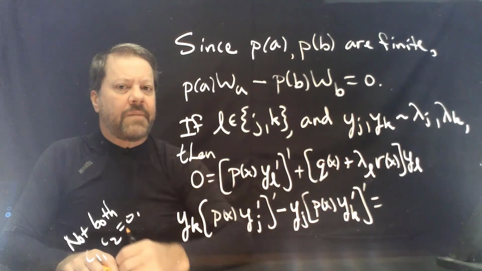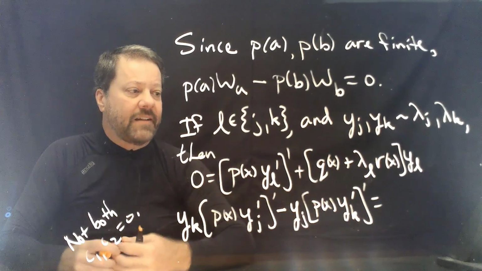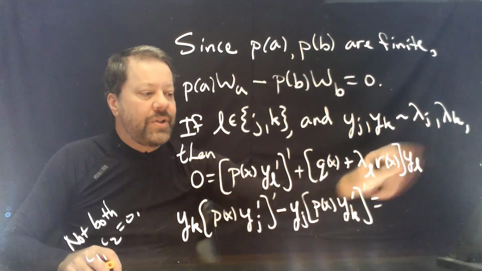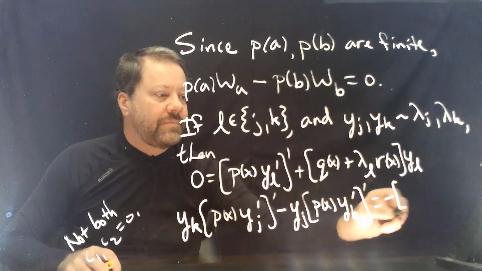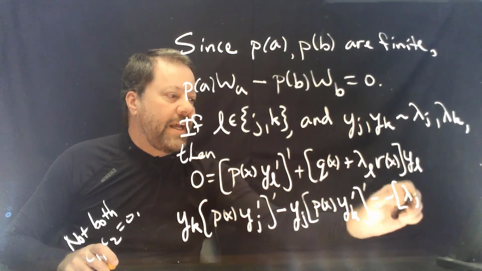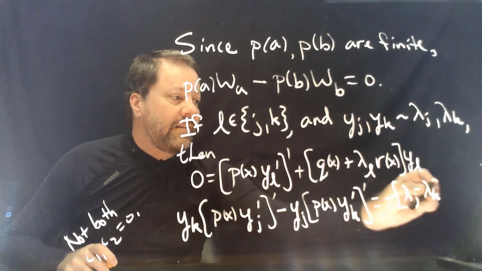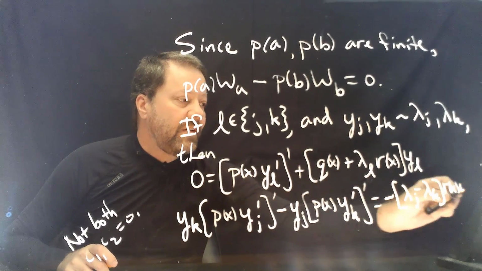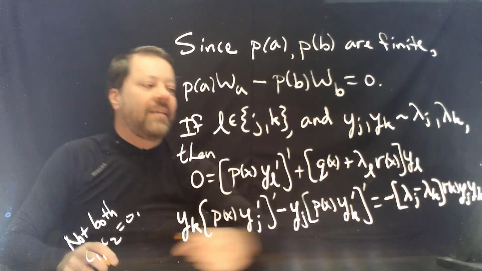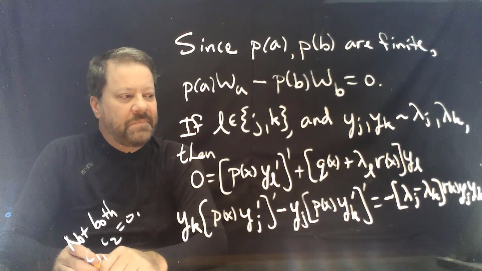The lambda terms are going to be different, and we'll be subtracting them. First the lambda j minus the lambda k. If we move those to the other side, we'll have negative lambda j minus lambda k all times r of x, yj, yk multiplied together.